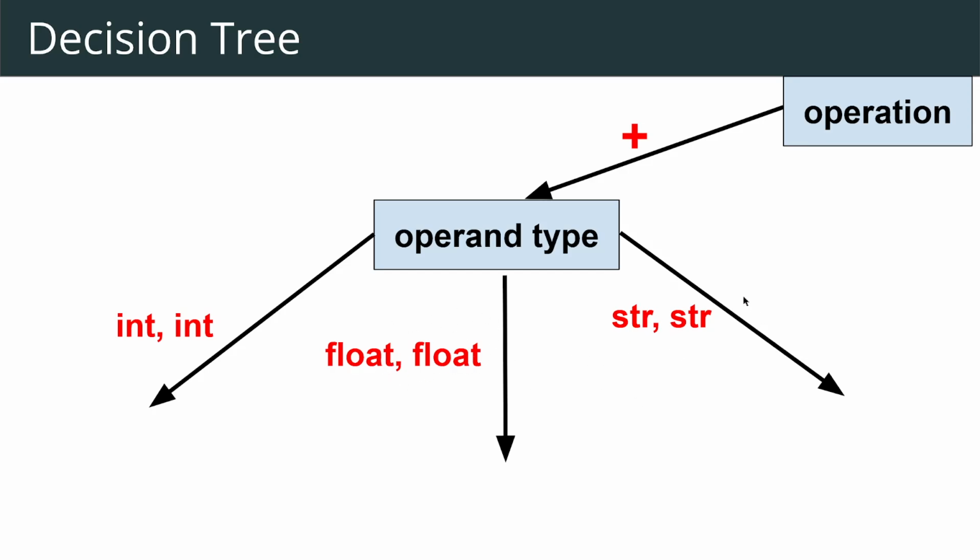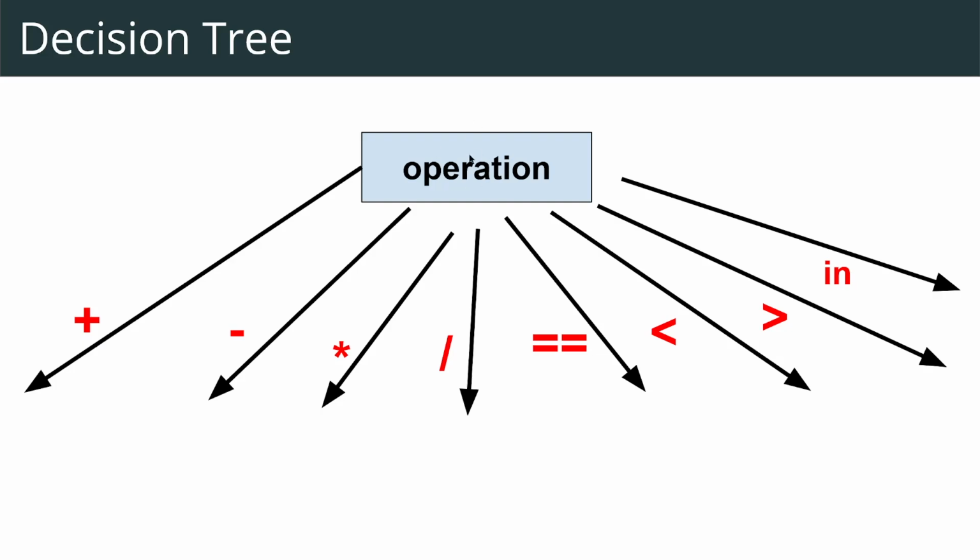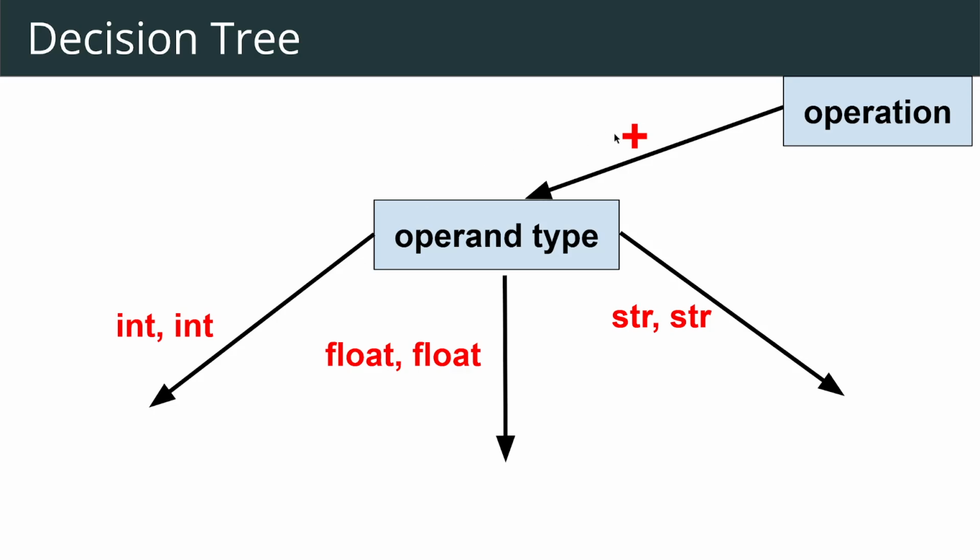Floats are different from string additions as well. So depending on the operand type, we have to branch off into different scenarios. Do people see this nesting that I'm talking about? Here's the operation. If it's a plus sign, then we're going to go to the plus sign and check what type of plus to do.